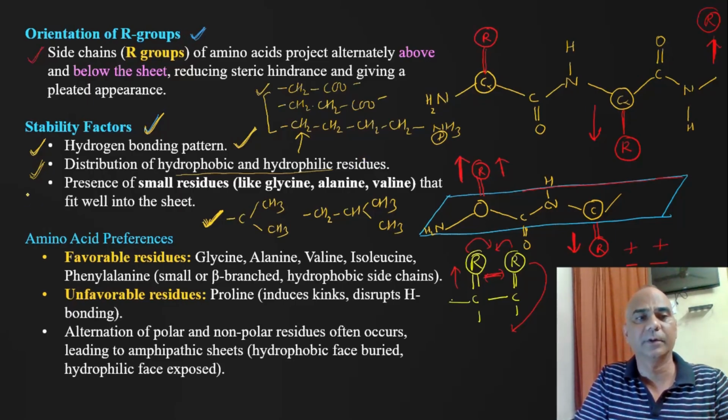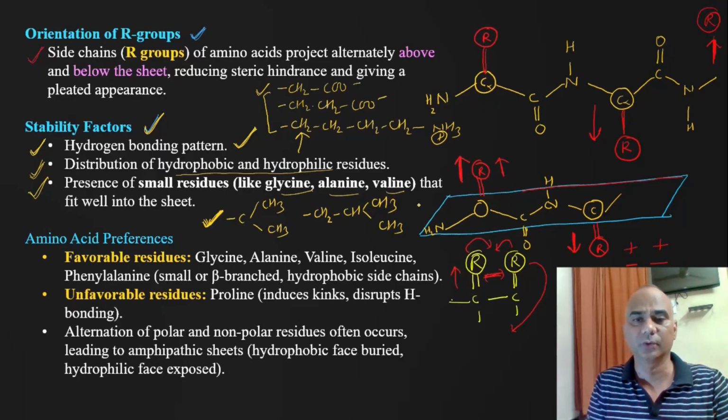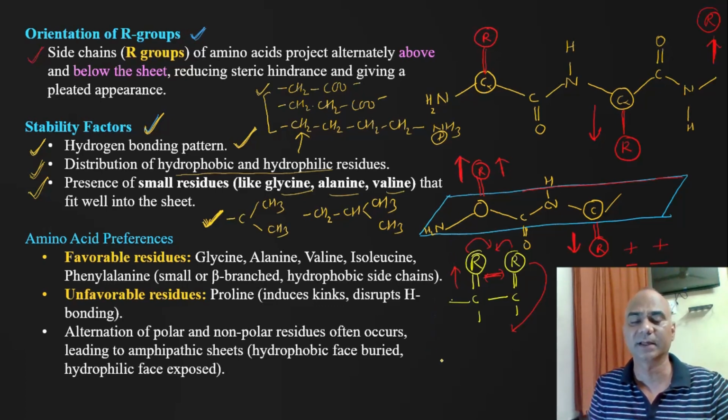And the third important point is the presence of small amino acid residues, like glycine, alanine and valine. Glycine, as you know, is the smallest amino acid. I can draw it here. In glycine, only hydrogen is present in place of the alkyl group.